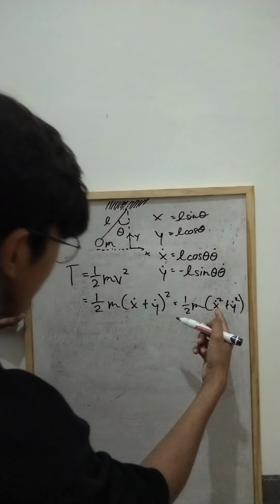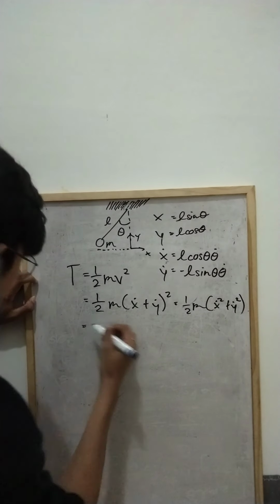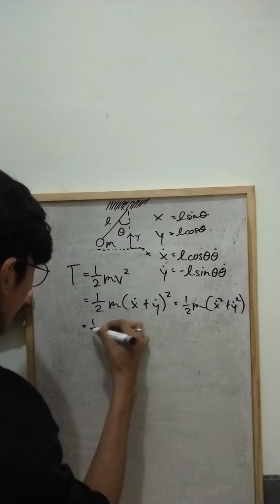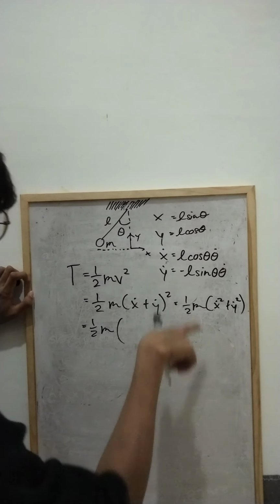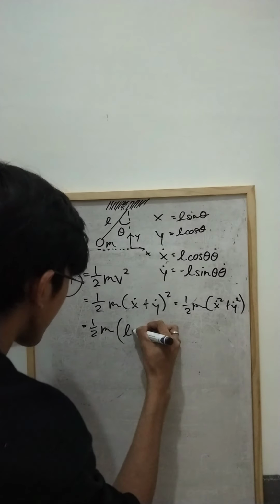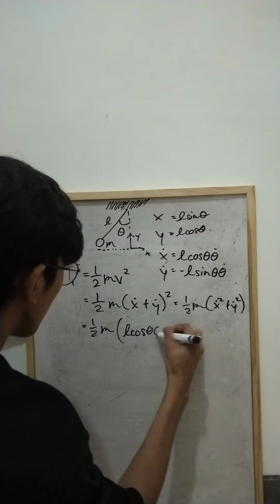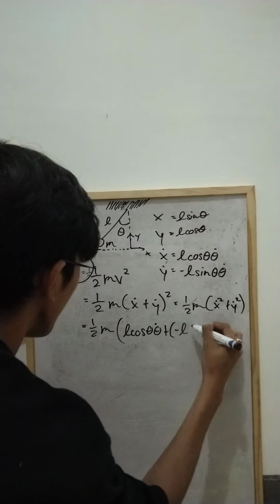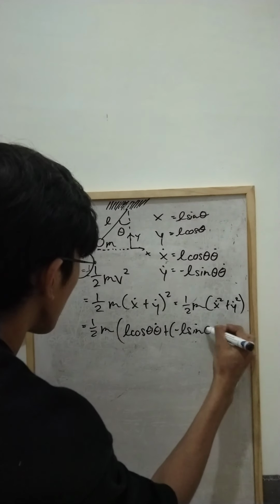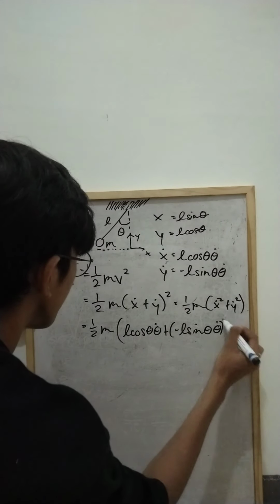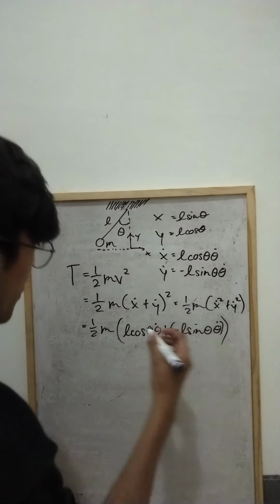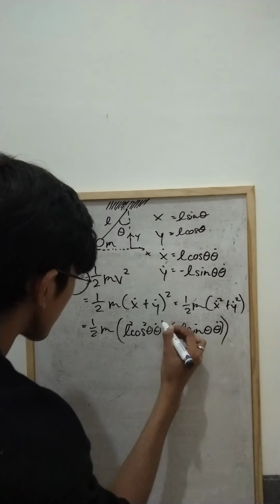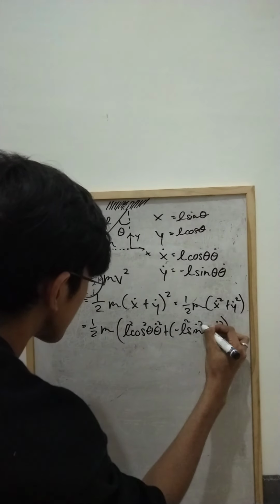So 1/2 of m, by rewriting that, we get 1/2 of m. So the value of x dot is L of cosine theta dot, plus negative of L of sine of theta dot. And don't forget that they are squared, so we can square L cosine theta dot, L sine theta dot.